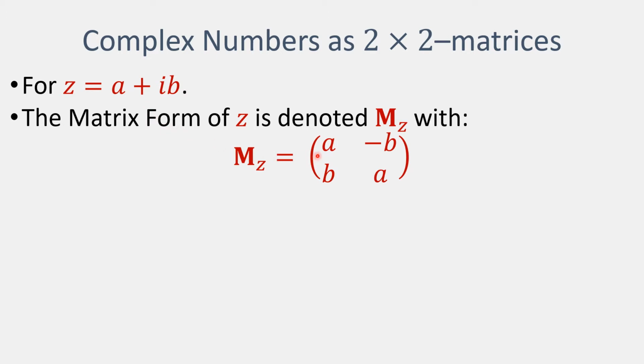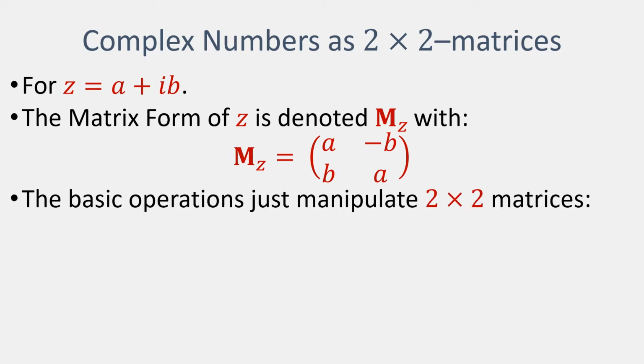We have the real part of the complex number written down the leading diagonal, and the imaginary part written across the other diagonal, but we substitute minus b in the first row rather than b. And if we take that form, it turns out that the basic operations we have on complex numbers can just be thought of in terms of manipulating 2 by 2 matrices.